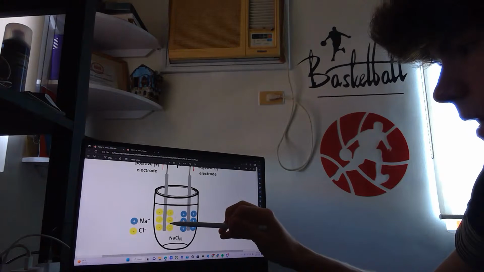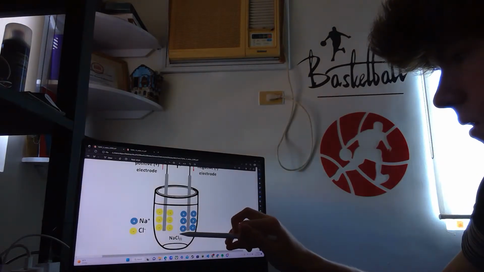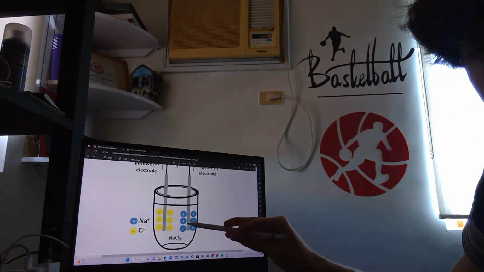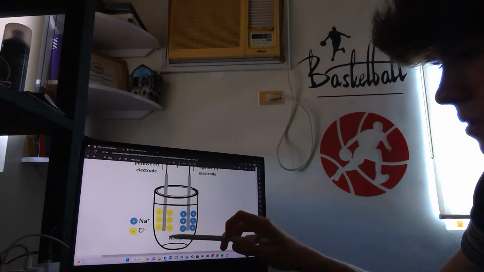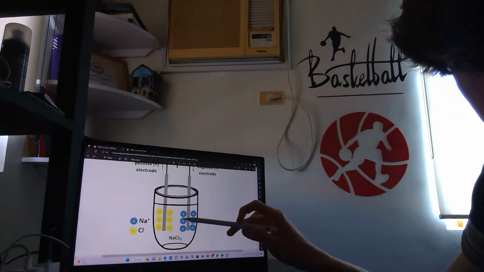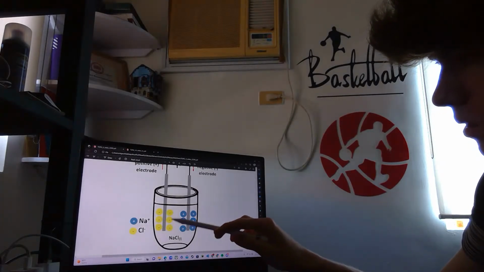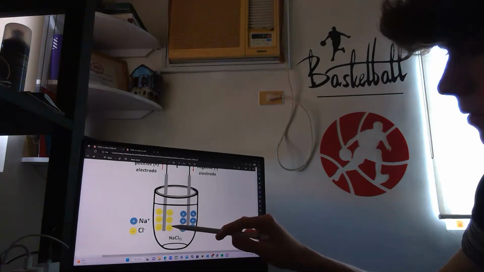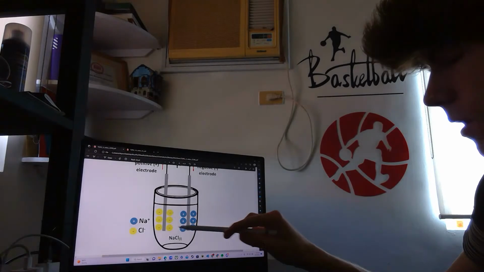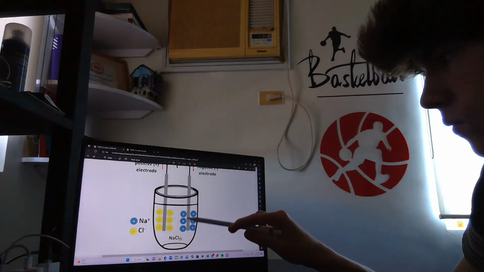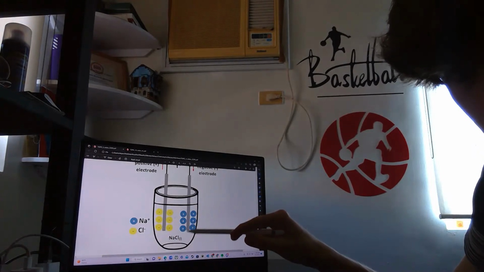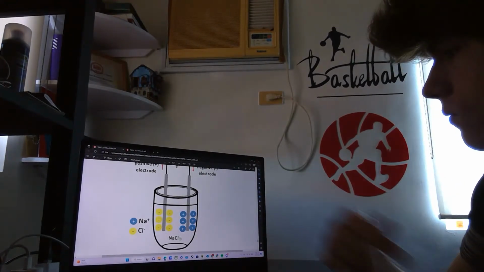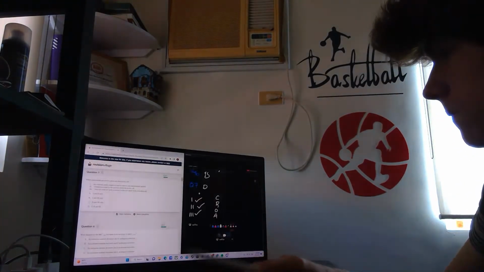This is going to form chlorine gas, and here you're going to see the formation of sodium. So that's how, from this molten salt, you're going to be able to form its own elements. You're going to see some green gas forming and going up to the surface, probably some bubbling maybe. Here you're going to see the formation of some residue on this electrode. That's pretty much what's going to be happening. And the residue that you're observing is going to be the sodium metal.